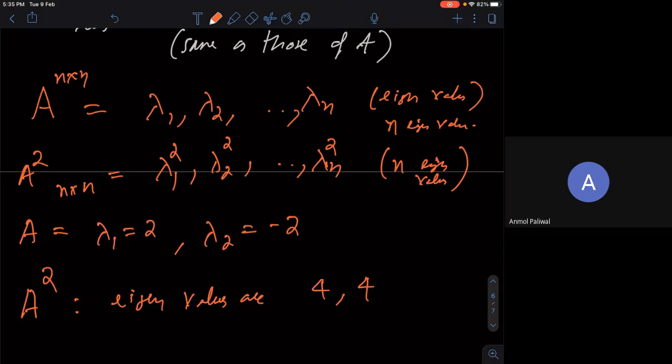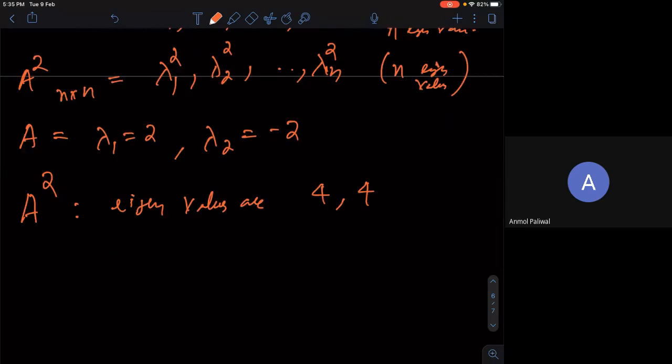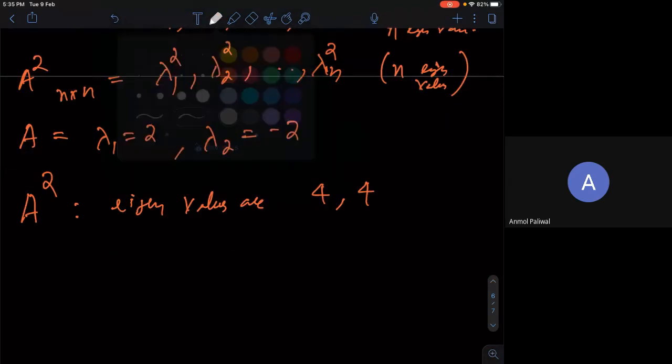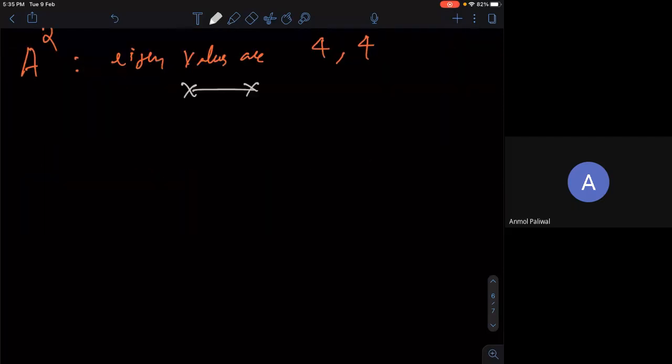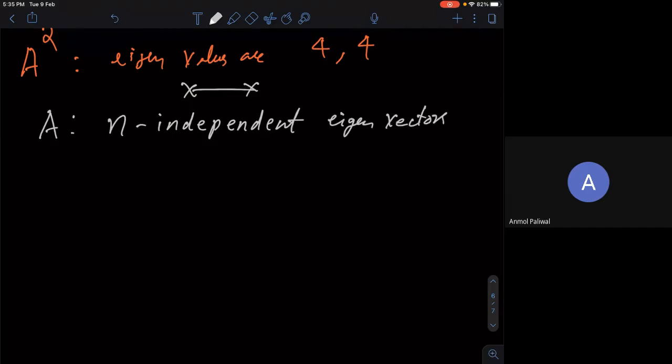This is good. So now what is next? Let's look at something else. We are looking at the good matrices. So what is the property of good matrices? My matrix A has n independent eigenvectors. I'm talking about such matrices.